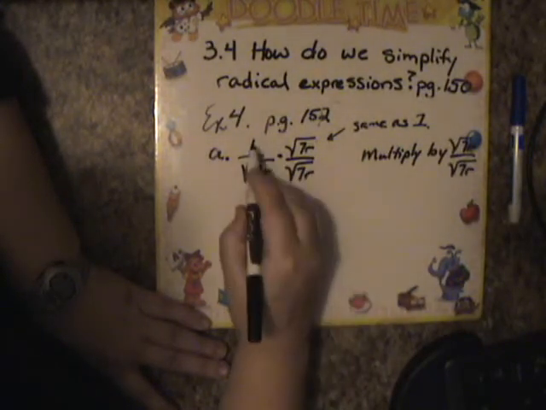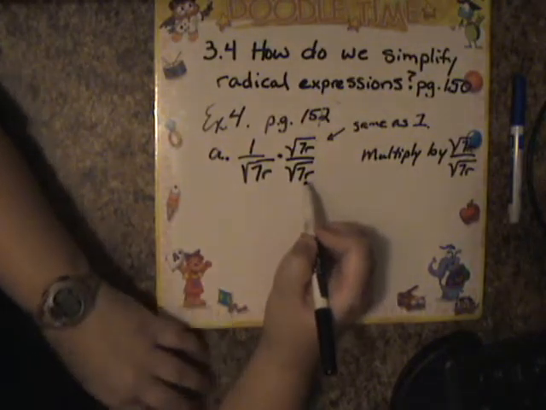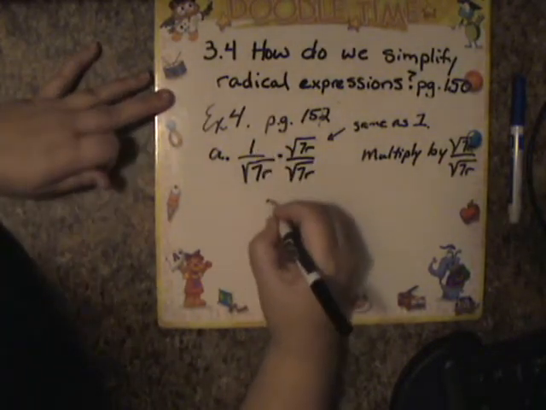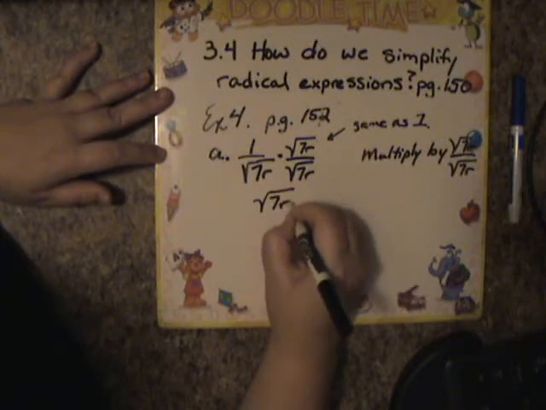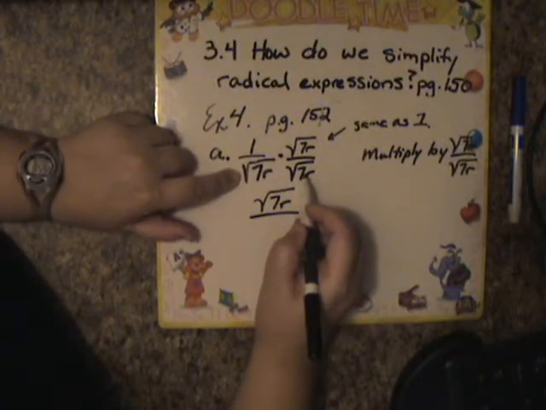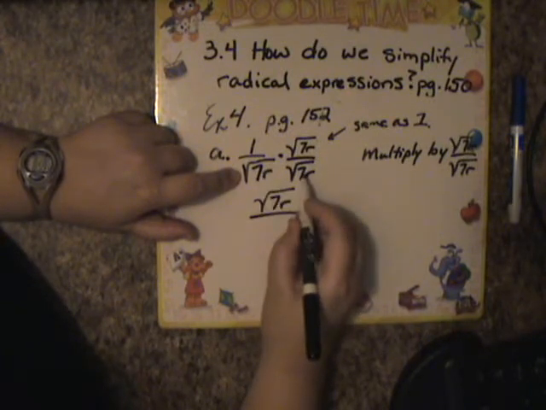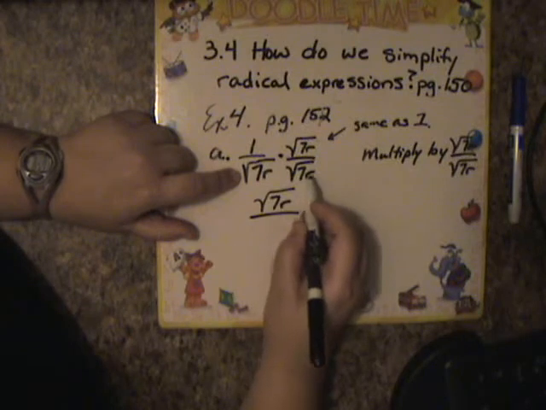When we multiply here, remember multiplication is numerator times numerator, denominator times denominator. So here I do the square root of 7r, and then I multiply. Remember, a radical times a radical just leaves you with, it would be like if you had 49 and r squared.